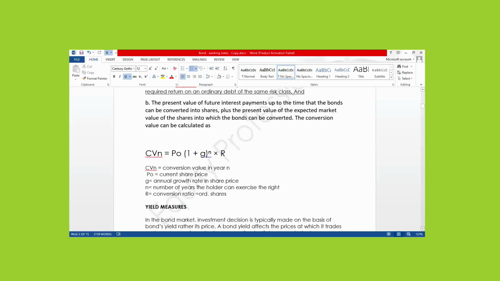The examiner can also ask you to value an irredeemable bond, a bond without a maturity period.